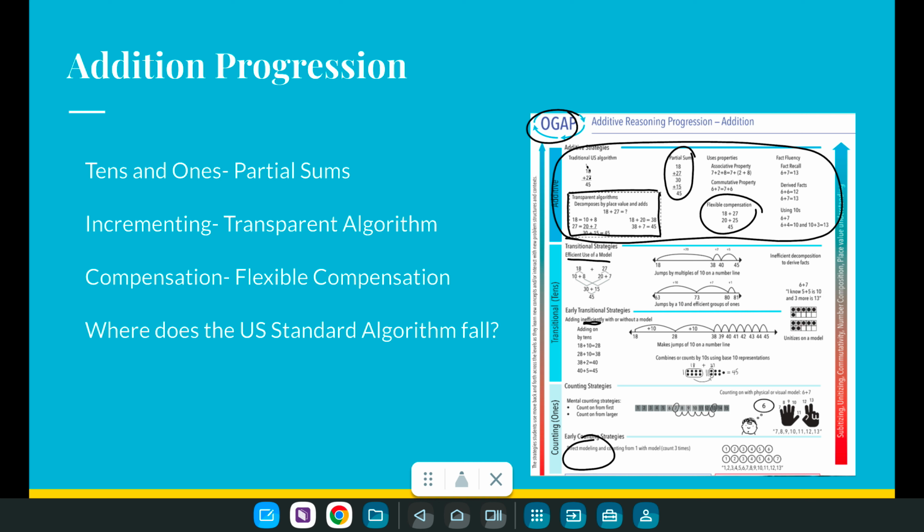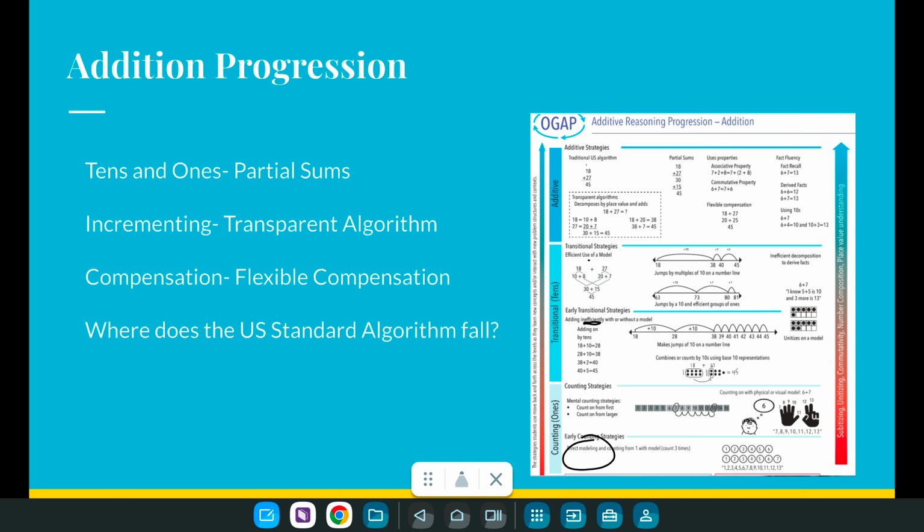So it's a version of incrementing. It is, like I said, a shortcut version. These three categories really are about kids' conceptual understanding. This US traditional algorithm is a shorthand version of, and connected to partial sums, but like I said, it's really kind of a bridge between transparent algorithms, incrementing, and tens and ones, the place value.